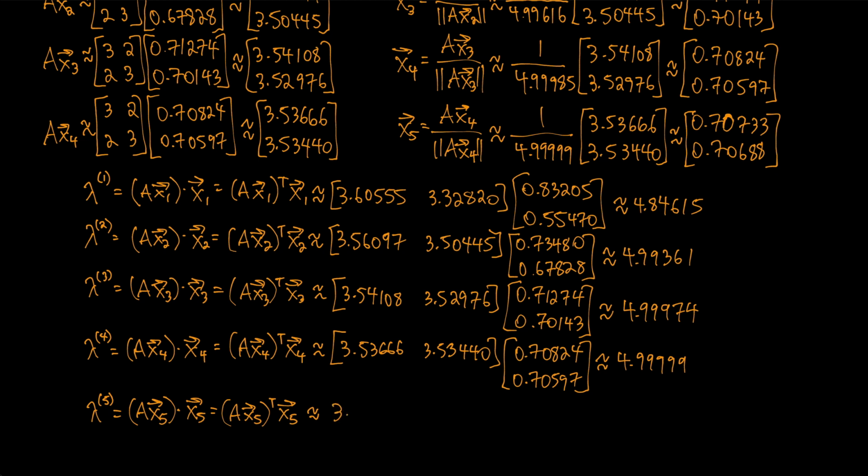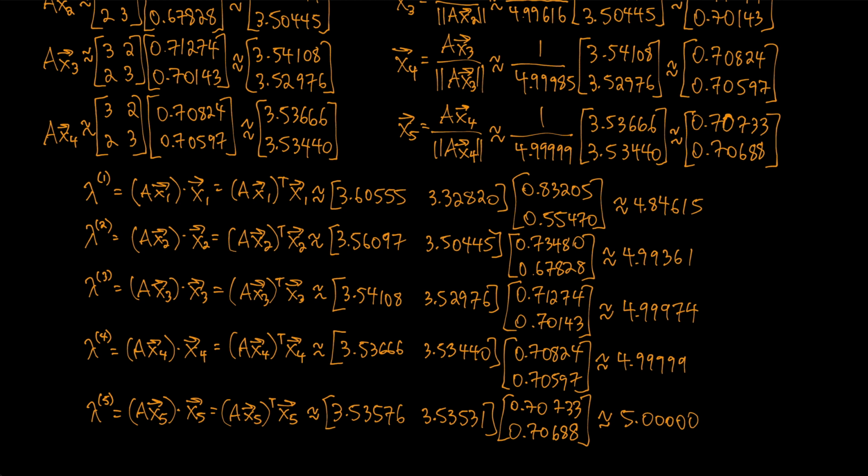We have [3.53576, 3.53531] times [0.70733, 0.70688], and we actually get a value that rounds to 5, up to 5 decimal places, which is really cool.